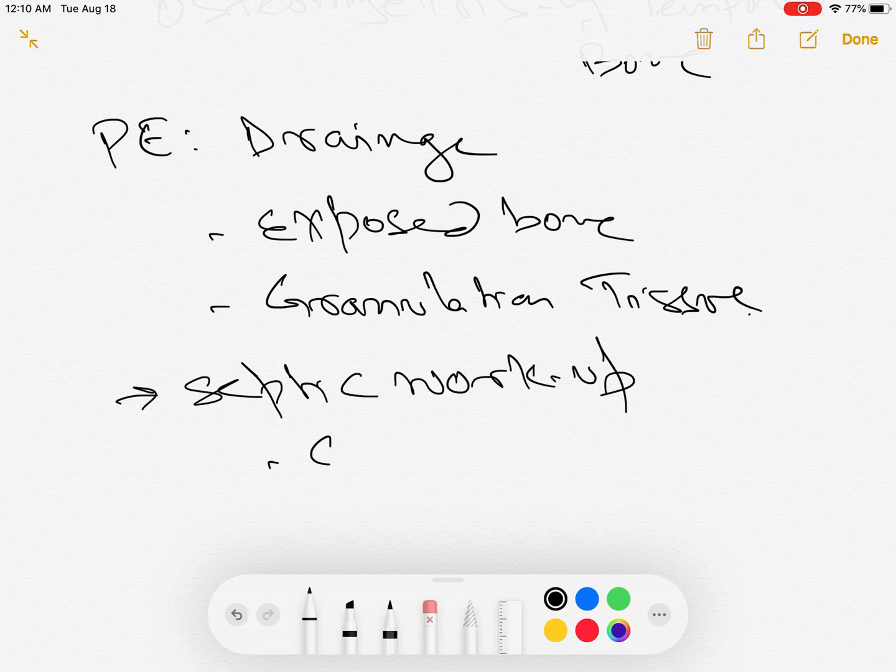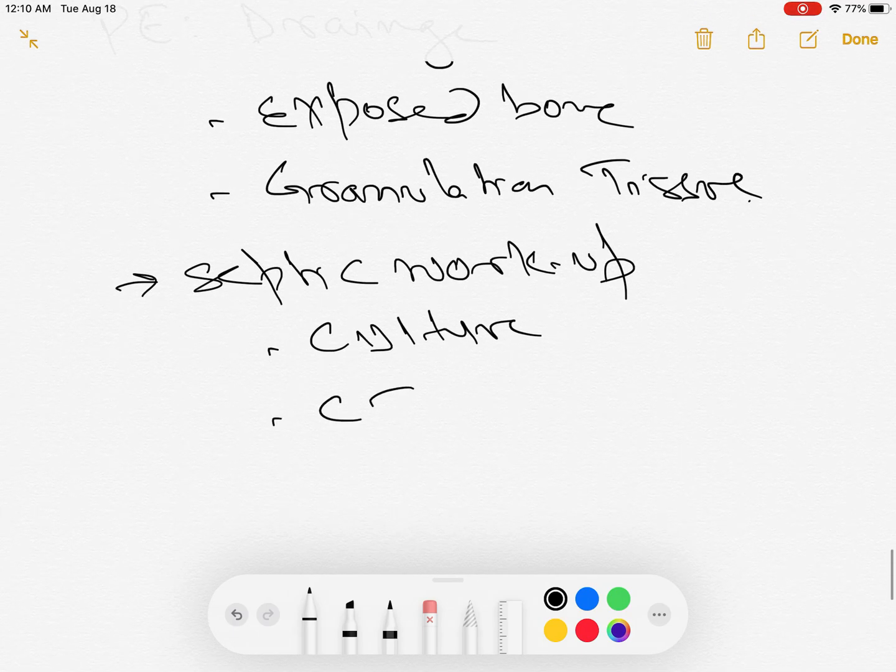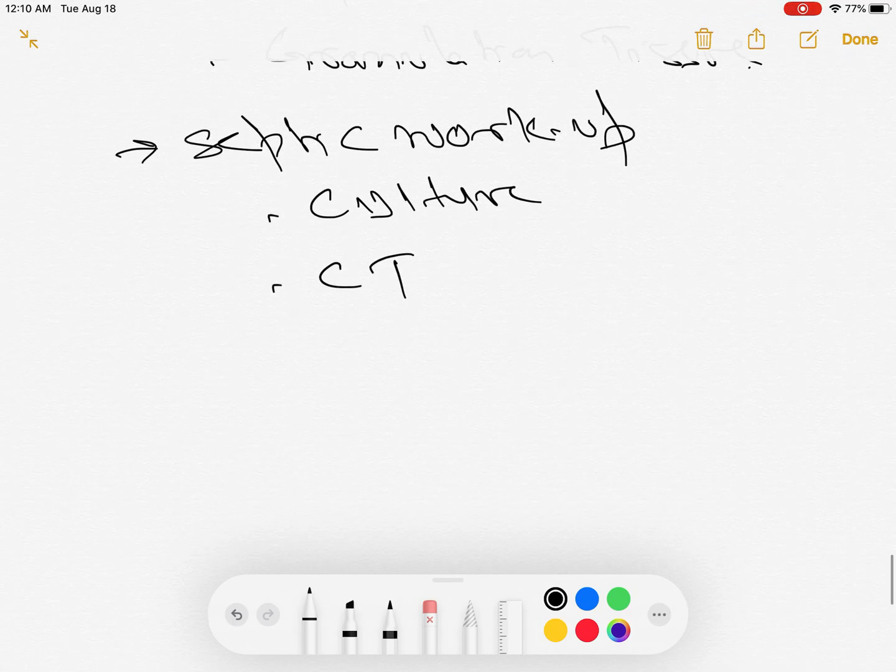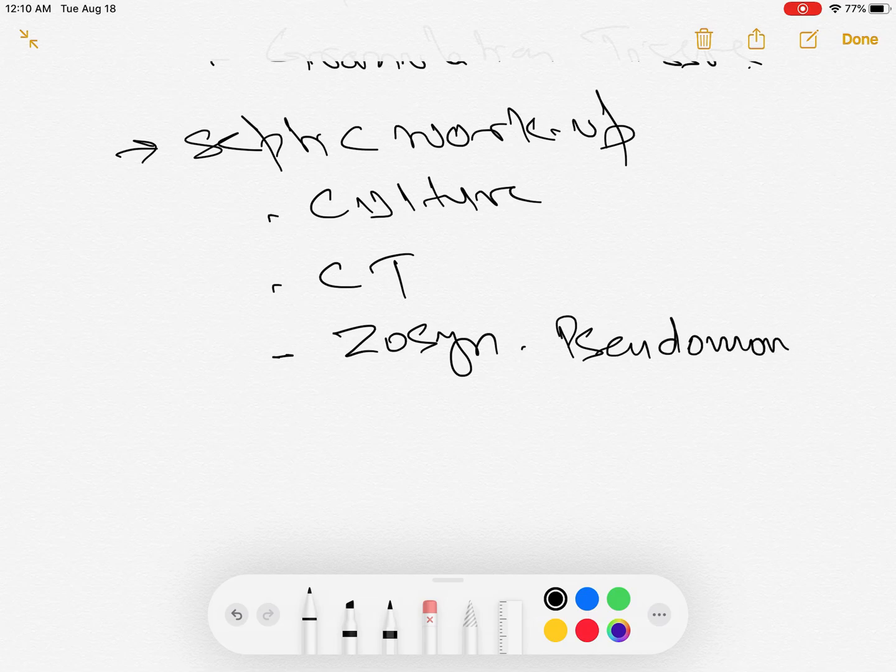You need to draw cultures. You need to get the CT, and this is almost exclusively caused by Pseudomonas. So you have to get the big-time antibiotics like Zosyn to cover the Pseudomonas. And you need to get the ENT consultation and infectious disease consultation.